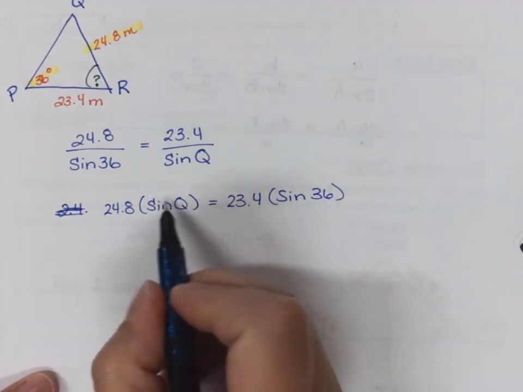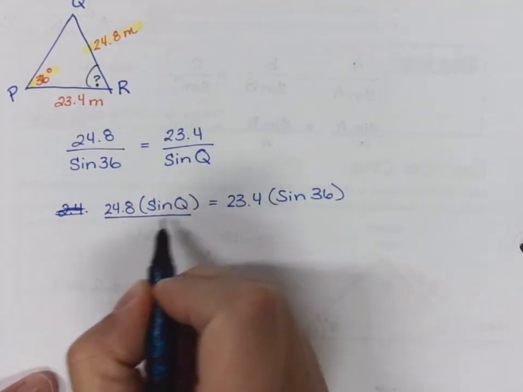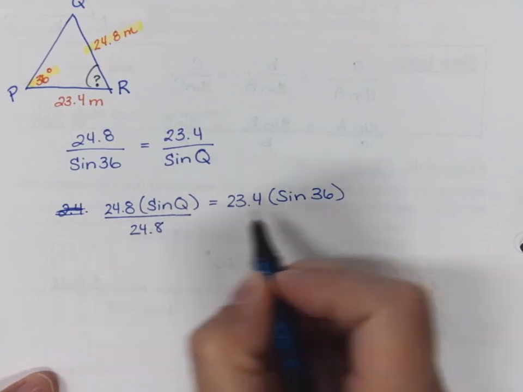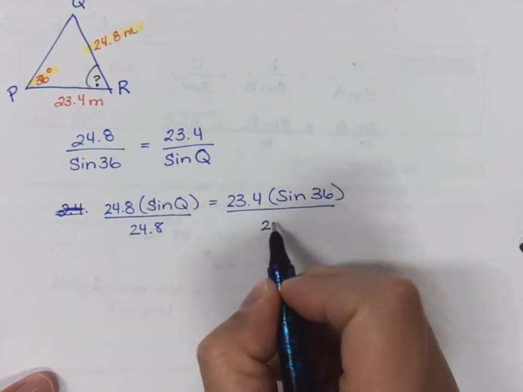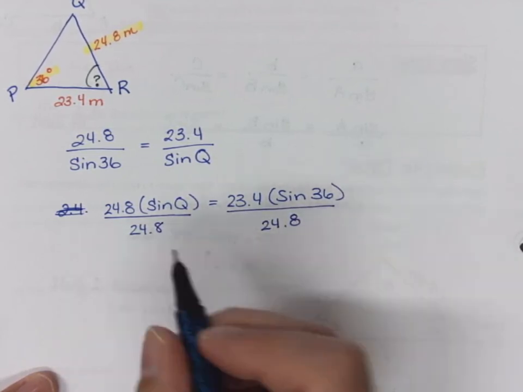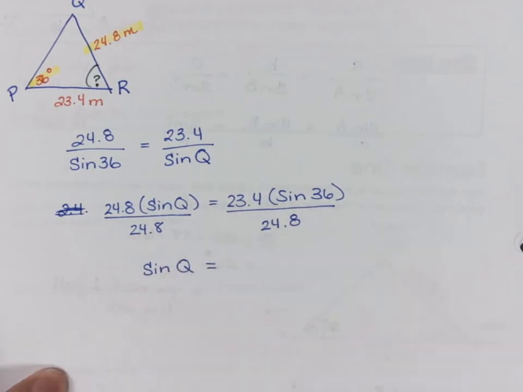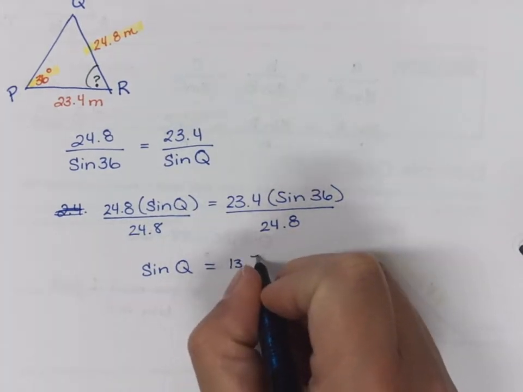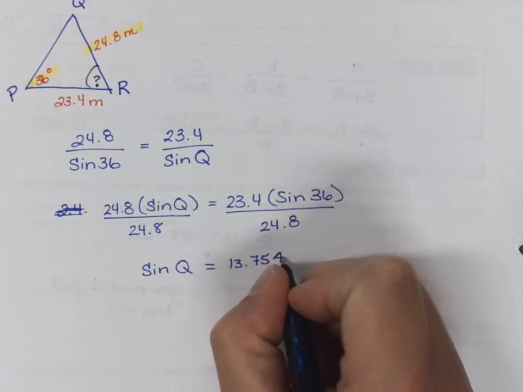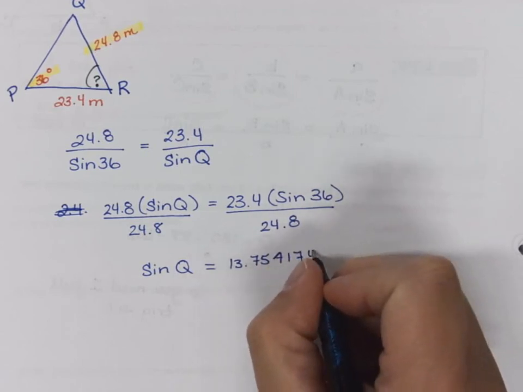So sine Q is kind of a set right now, so I've got to divide by 24.8 and divide this side by 24.8. So sine Q equals 23.4 times sine of 36, divided by 24.8. You don't have to write this down; you can do it all in one step in your calculator.